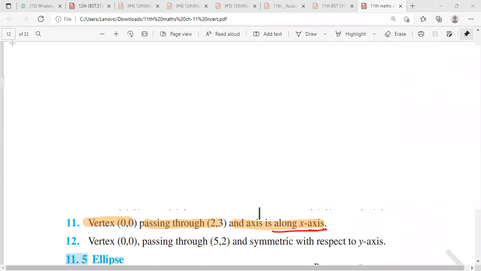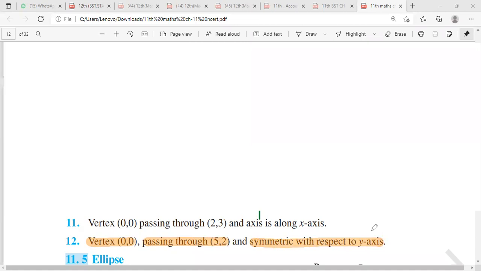Now let's proceed with our next question. That is question number 12. And the question is, vertex is 0, 0, parabola passing through 5, 2, and symmetry with respect to y-axis.